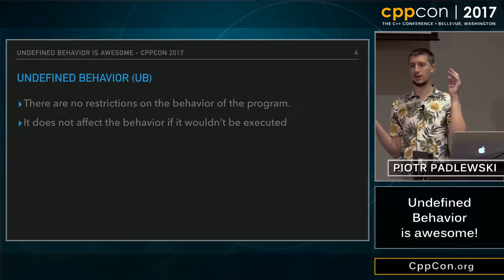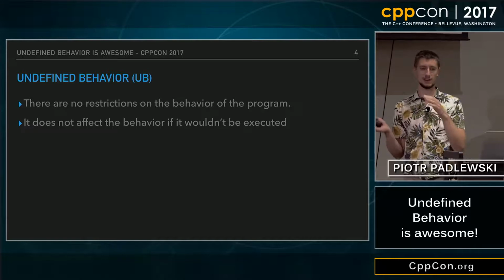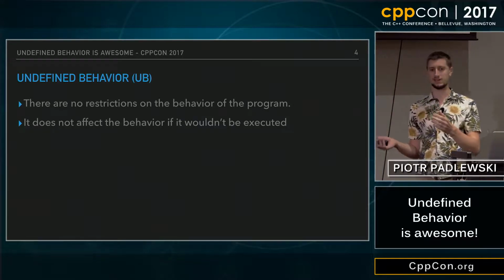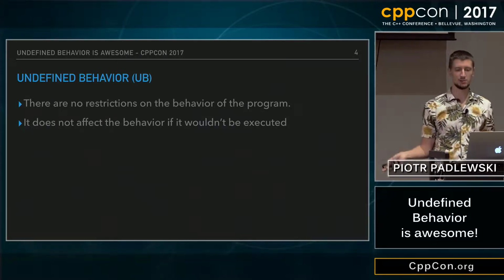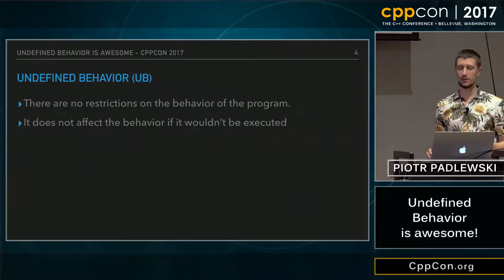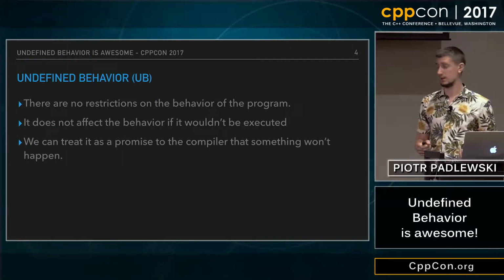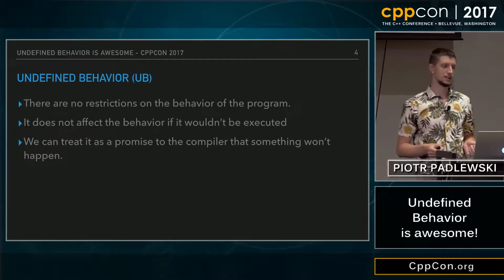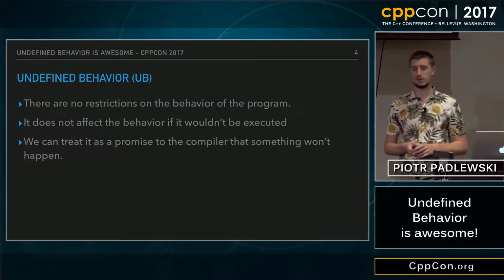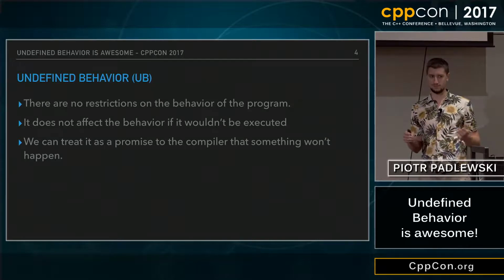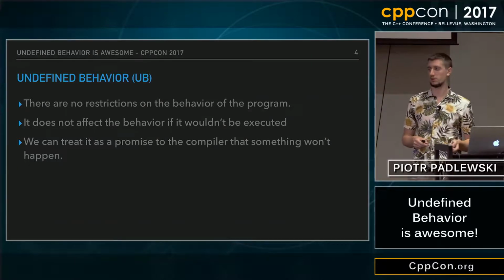Basically, if we have, let's say, dead code, like a block with if false, and we have some undefined behavior there, then it should not affect the behavior of our program. And the most important thing is that compilers treat undefined behavior as a promise that these things are not going to happen.